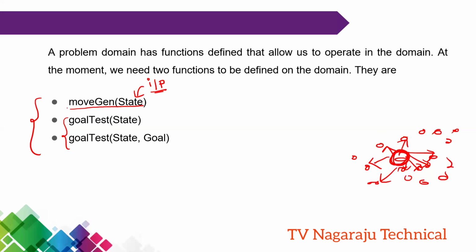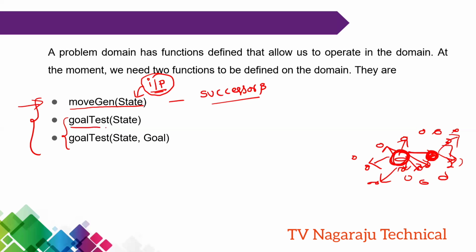All the set of states reachable in one step are generated. Simply, the MoveGen function generates the successors or children of the input state. This is the use of this function, that is, exploring all the states. Suppose from this I am moving to this one. Again, if this is the current input, the move generation moves to its successors like this.